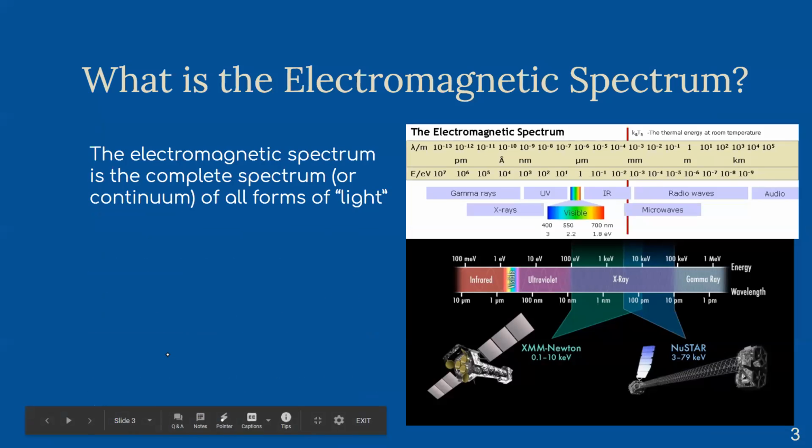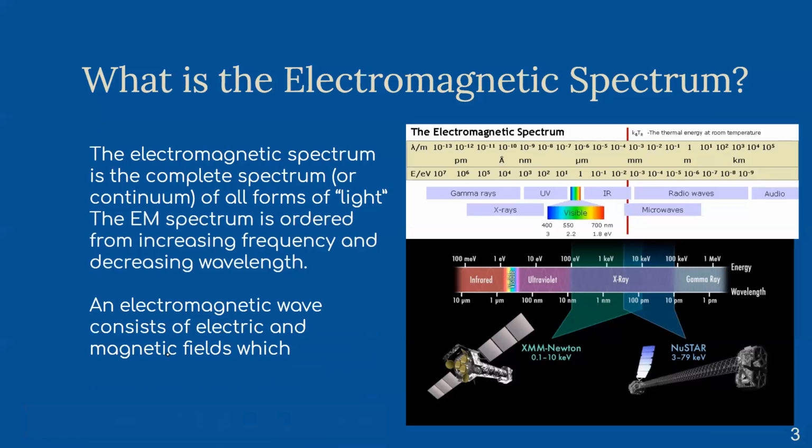So what is the electromagnetic spectrum? The electromagnetic spectrum is what you guys see in the picture. It is ordered in increasing frequency and decreasing wavelength.